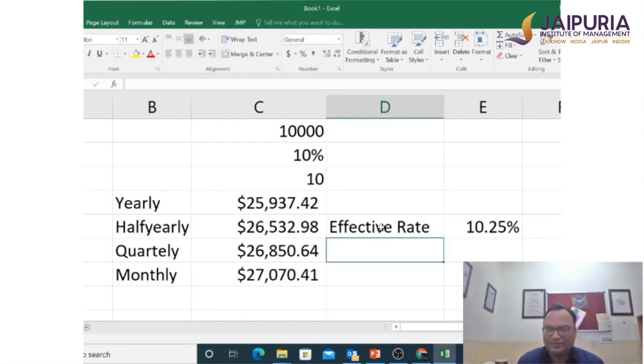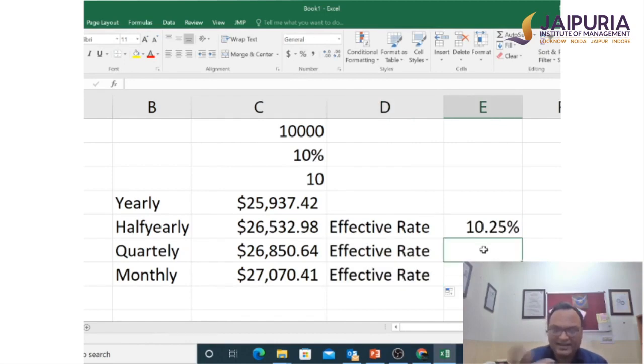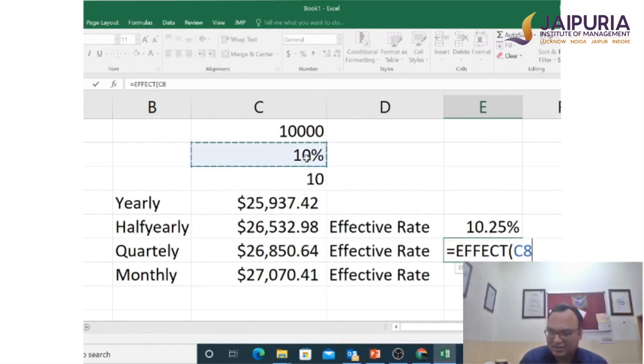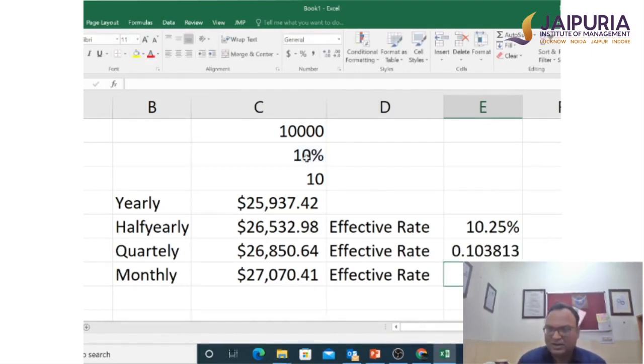Let me calculate this for all the 3 cases. Effective rate in case of 10% per annum compounding quarterly will be effect. Nominal rate remains 10%, but this time it's happening 4 times in a year, and therefore the effective rate has gone up to 10.38%.